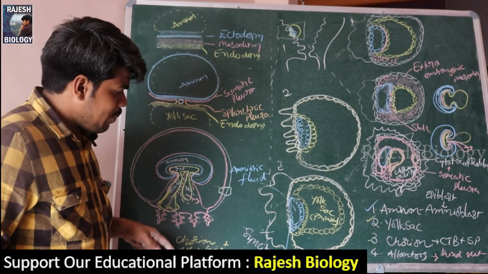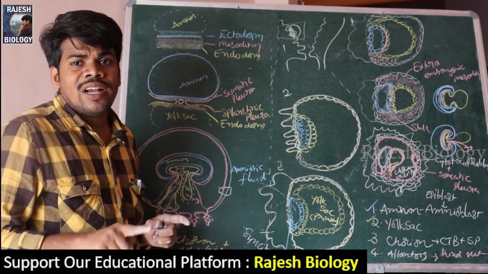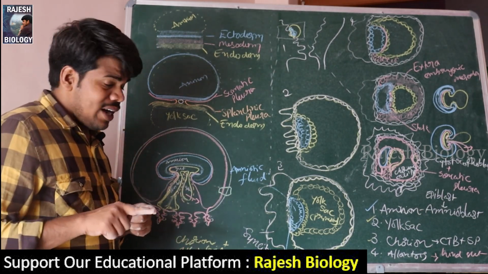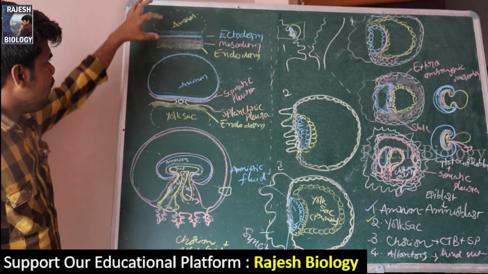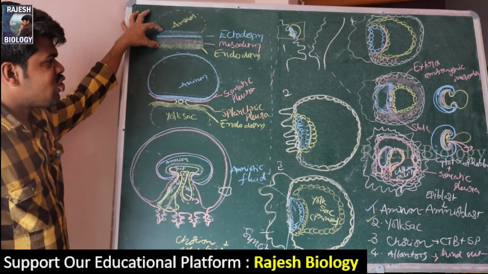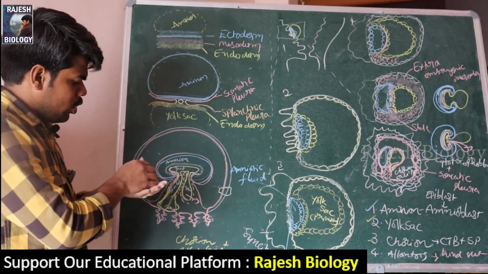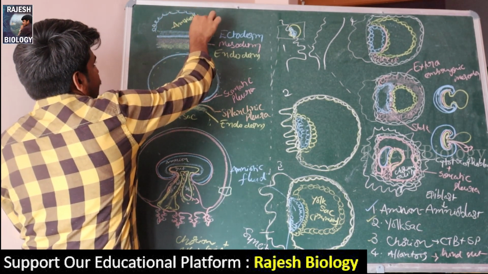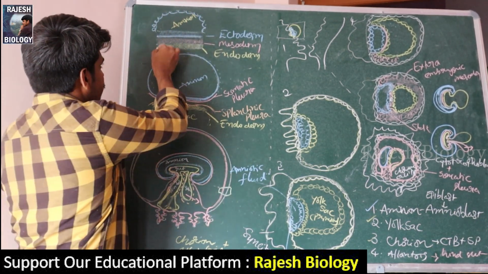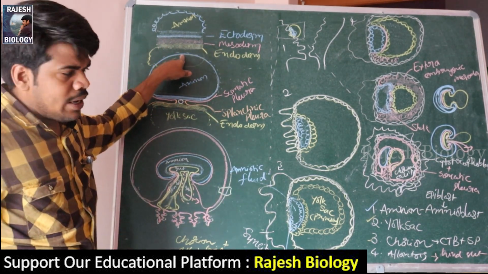The allantois participates in the formation of the fetal part of the placenta, and it stores the nitrogenous waste materials. So simply, these are the three primary germ layers. From the ectoderm, the amniotic cavity is developed. From the endoderm, the yolk sac is developed. This is called the primitive yolk sac.